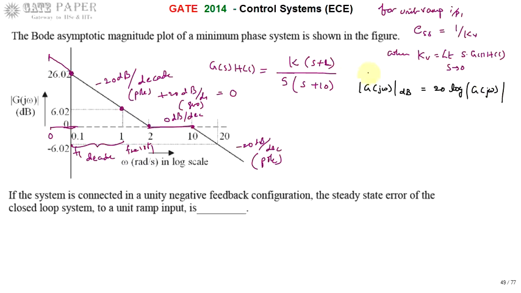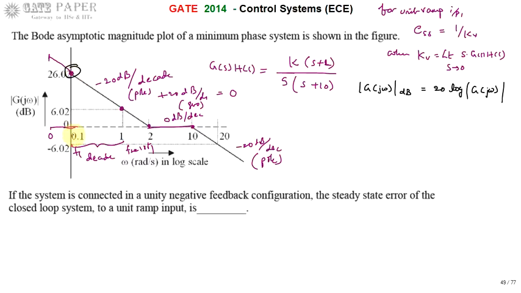This 20 log G(j omega) is 26.02 at omega equal to 0.1, and at omega equal to 1, it is 6.02. You can take any point to calculate the K value, because all are related to the gain only. You can go for this point.